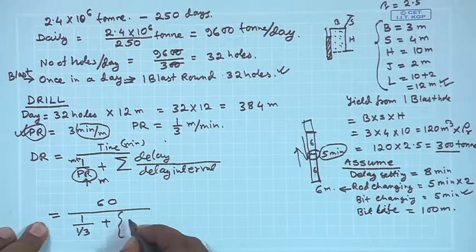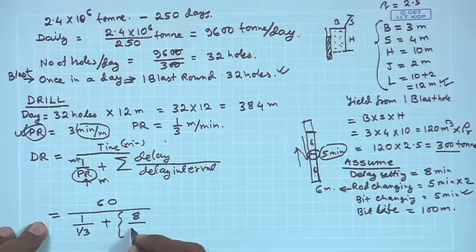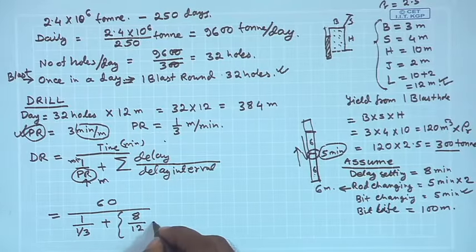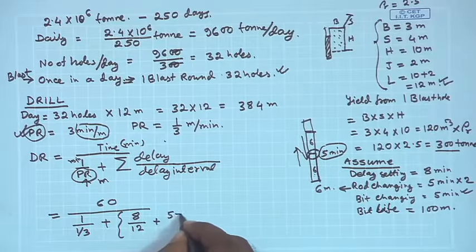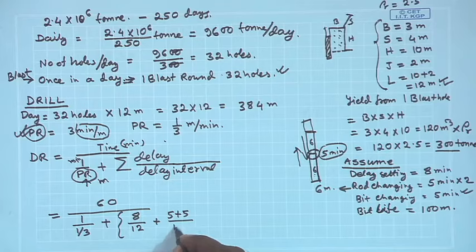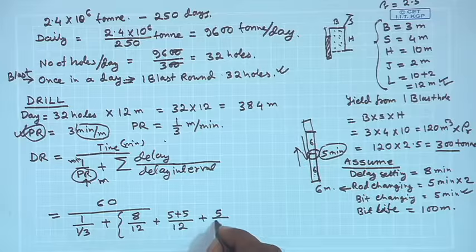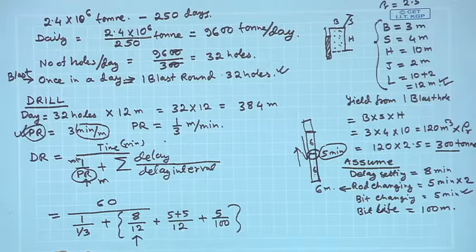Our delay times come as drill setting time of 8 minutes for every 12 meter hole, then 5 plus 5 for rod changing time for every 12 meter hole, and bit changing time of 5 minutes for every 100 meter hole. You can see this one is for drill setting time, this one is for rod changing, and this one is for bit changing.